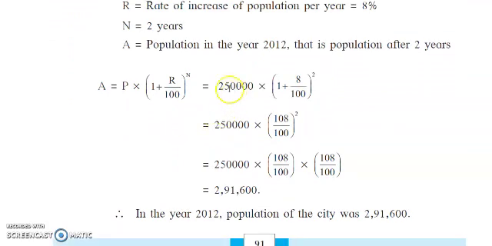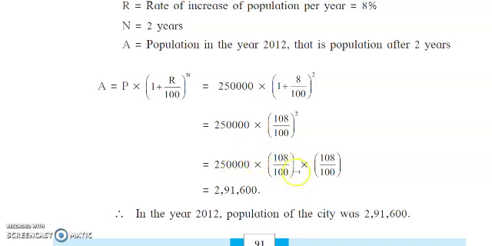So 2,50,000 multiplied by 1 plus 8 upon 100 raised to power 2. So it will give you 100 into 1 is 100, 100 plus 8 is 108 upon 100 raised to power 2. If you want, you can separate this like 108 upon 100 multiplied by 108 upon 100, so that you can easily cancel out these zeros.